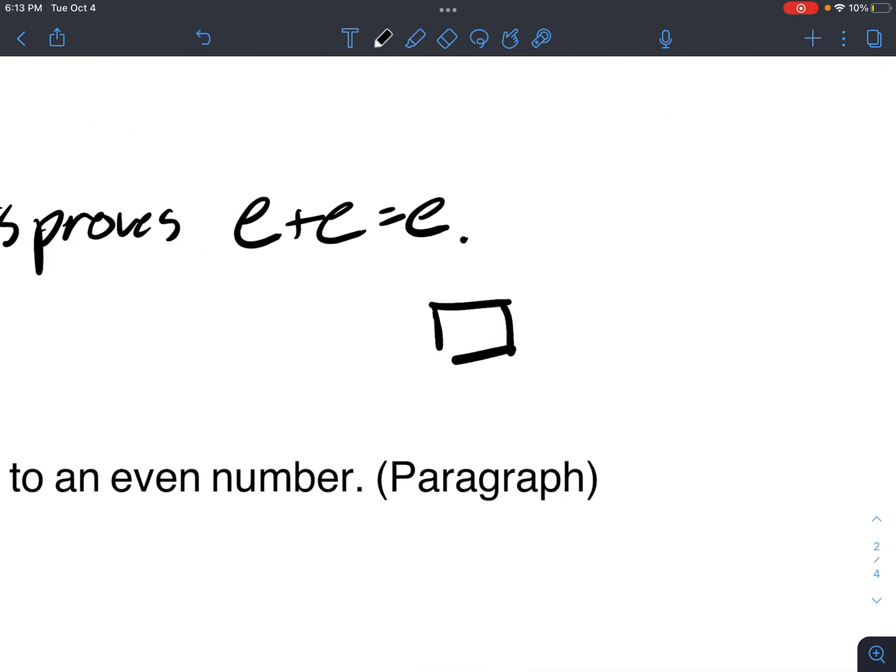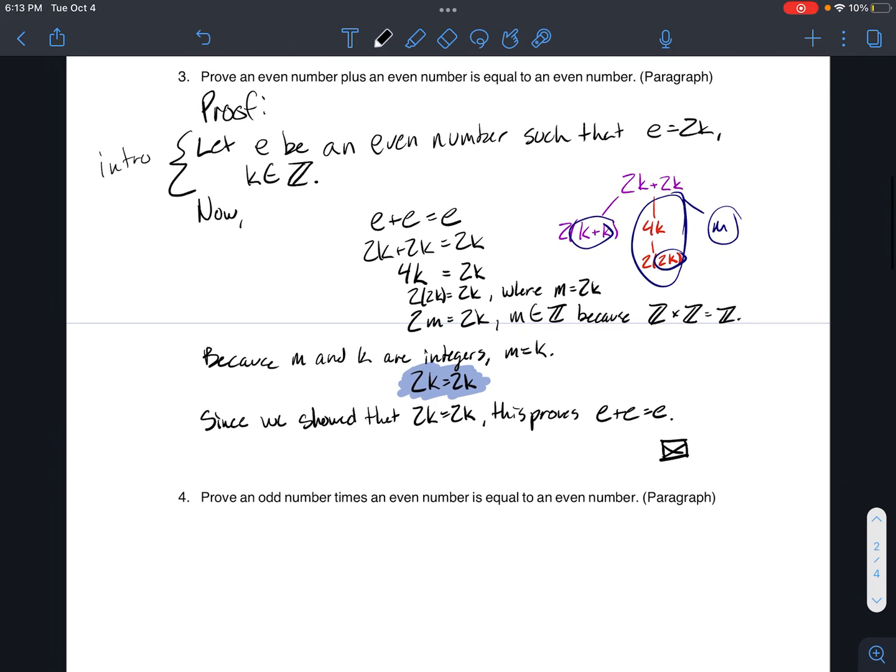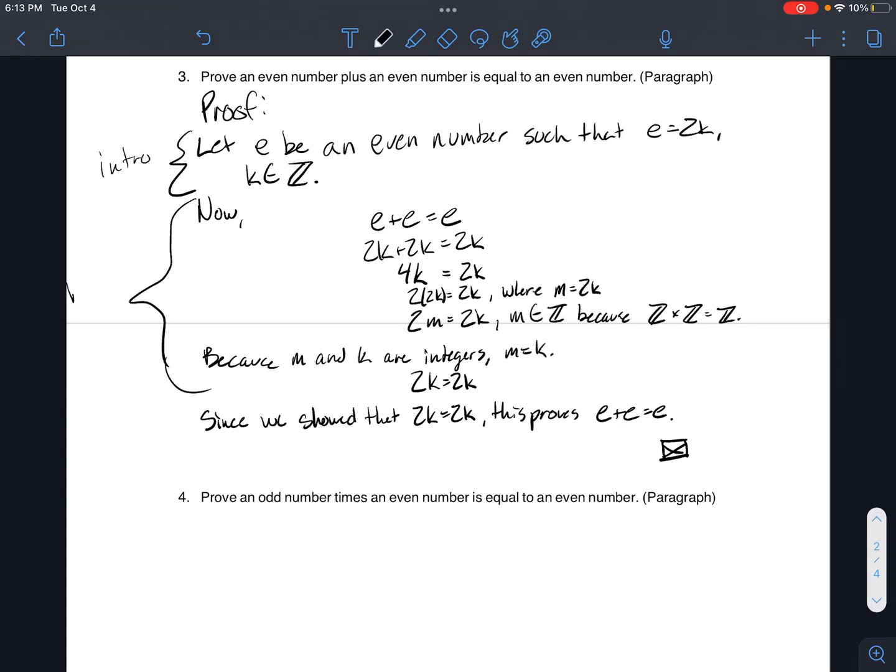That finishes our proof off. So this is going to be pretty much the whole thing. I'll clean it up a teeny bit. Once again, this is our body all the way down to here. This is our body. And this is our conclusion.